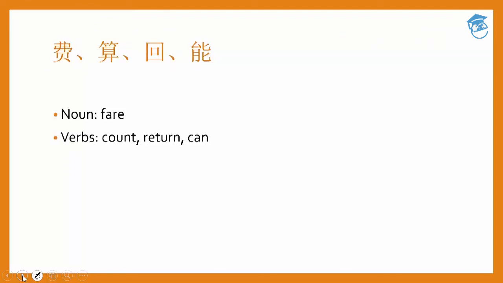Okay, so that's the end of the lesson. We have discussed a lot of sentences, but these are all the Chinese words that I've covered, because you have already learned many other words. Okay, but these words are really commonly used, so you have learned fair or fee, and other verbs such as count, return, and can, as in capability.